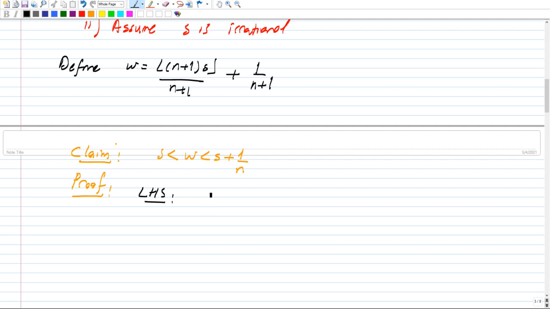Now, using the definition of the greatest integer function, we can write (n plus 1)S as less than the greatest integer function of it plus 1. Okay, now divide both sides by n plus 1, then we get the desired result. So it was very easy. And what about the right hand side?